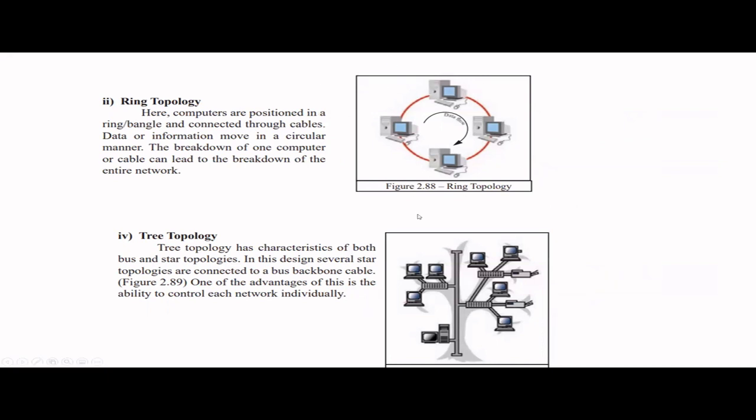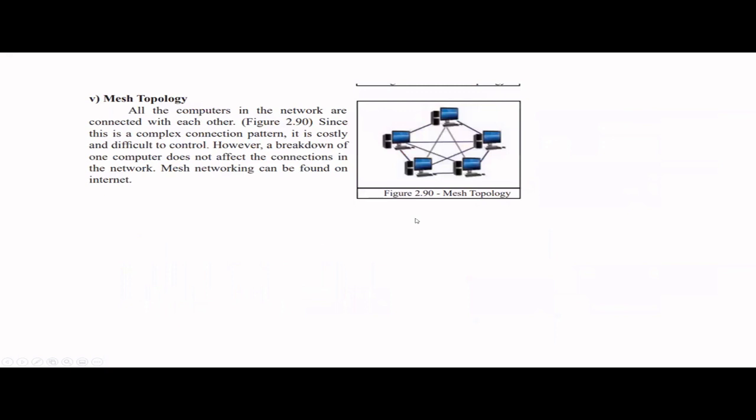Tree topology, right? The tree topology, it's like bus and the star, right? You have the backbone, you have the stars here like this. So it's a connection of star and bus topologies. Final thing is the mesh topology. So here all the computers in the network are connected to all of them. So can you see this computer connected to this, this, this, and this?